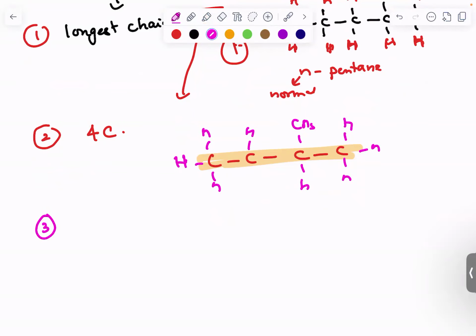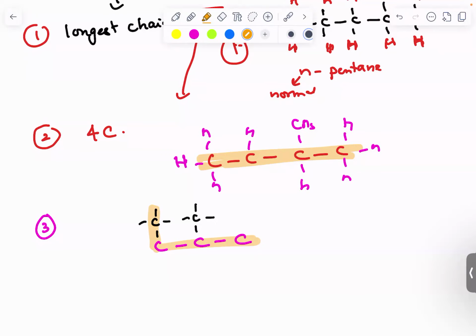1,2-methylpropane. All right. Betty, if I put a methyl group here and here, what do you think? You are going to take the longest carbon chain. Don't you think this would be the longest carbon chain? Yes?